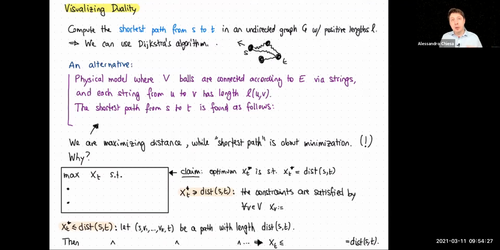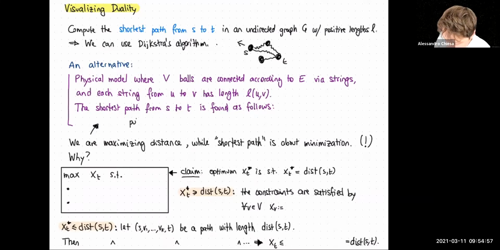Intuitively, the first sequence of strings to become taut will be the shortest path from S to T, right? You take the ball S and pull it away from T, and think of T as being anchored somewhere so it doesn't move around. The first sequence of strings to be taut from S to T will be precisely the shortest path from S to T.